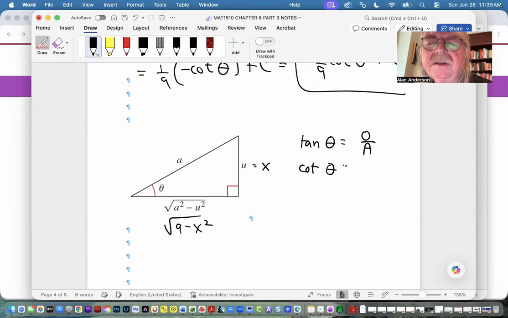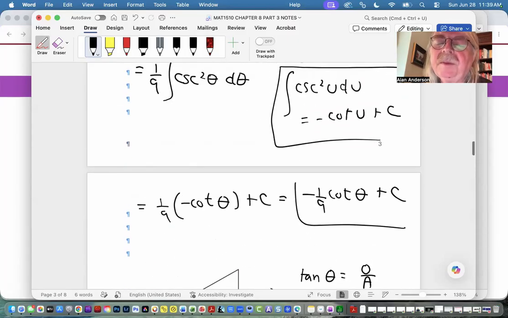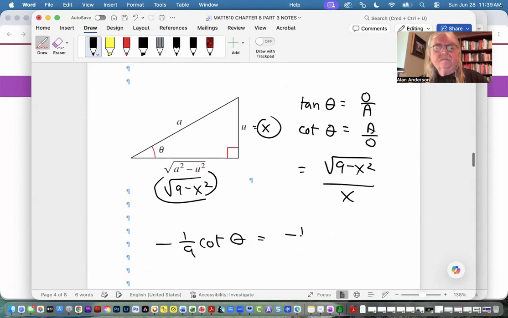The cotangent is adjacent over opposite, which in this case would be radical 9 minus x squared. The opposite is x. So we're almost there, but remember, we don't want the cotangent. We want negative 1/9 the cotangent. And we also need the c.